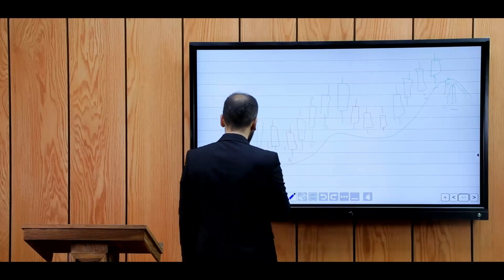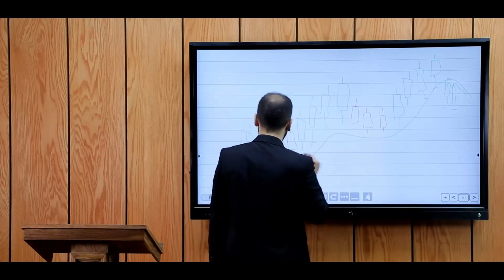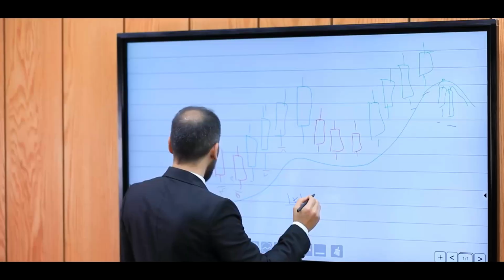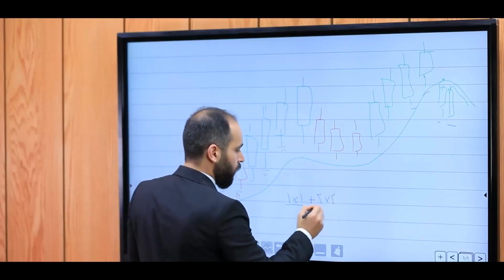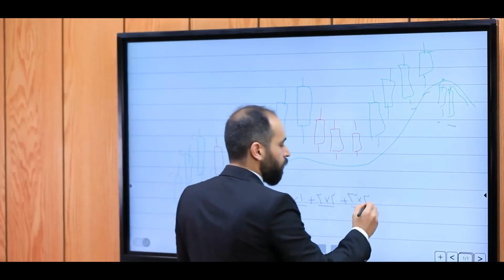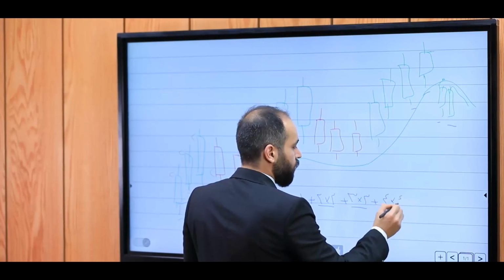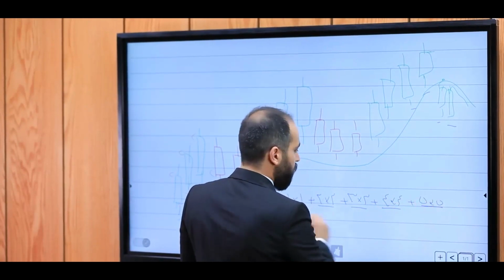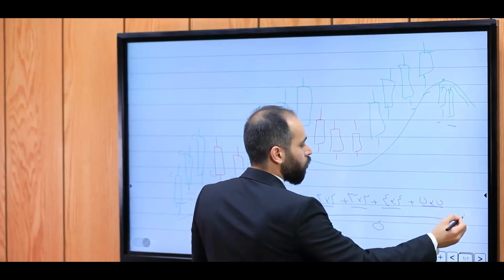Let's continue. Let's review the previous example. Candle number 1 is multiplied by 1, candle number 2 is multiplied by 2 and added, candle number 3 is multiplied by 3 and added, candle number 4 is multiplied by 4, and candle number 5 is multiplied by 5, and then we take the average of all these, and that's how we arrive at this point.